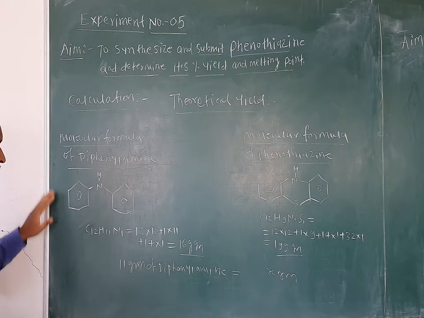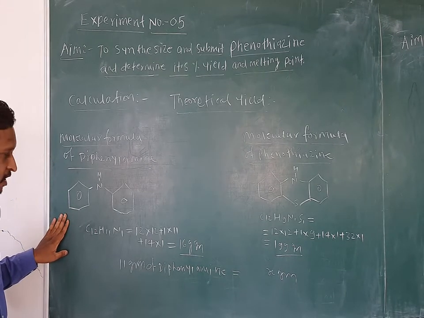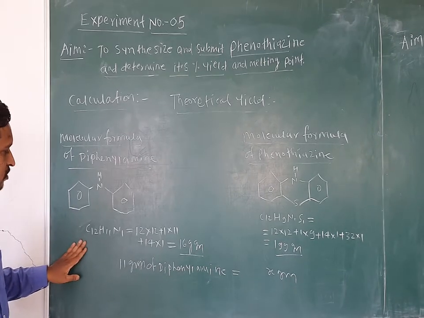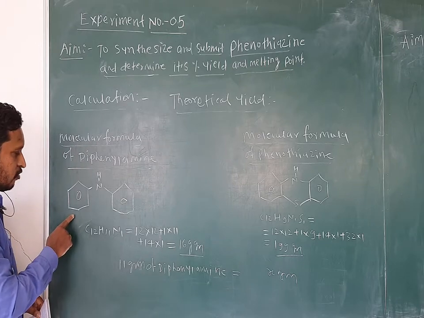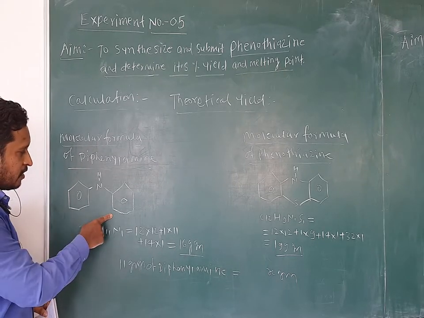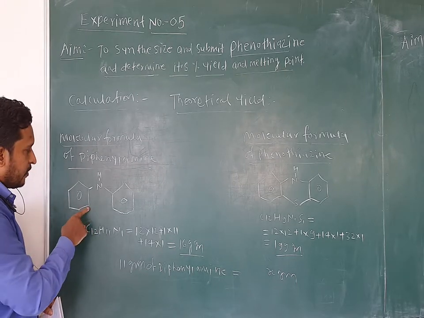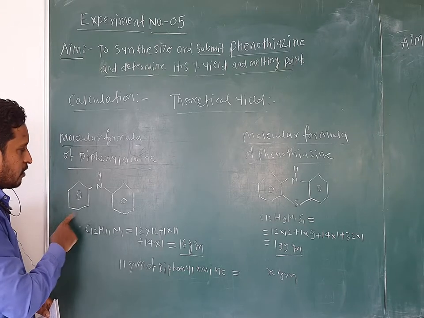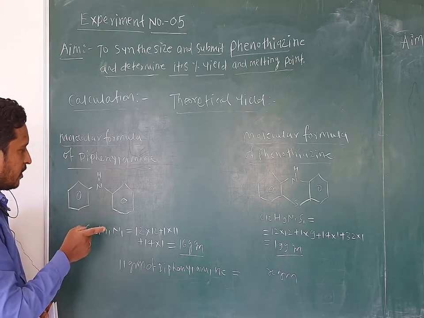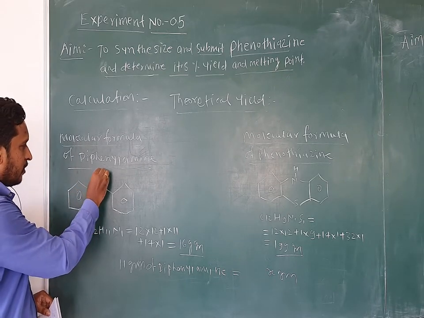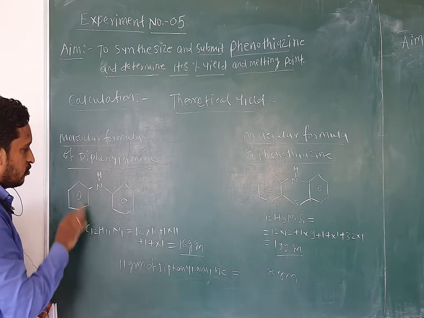This is the structure of diphenylamine. The molecular formula is C12H11N. One ring contains 6 carbons, another ring contains 6, so total C12. The first ring contains 5 hydrogens, another ring contains 5 hydrogens, so it is 10 hydrogens, plus the nitrogen bears 1 hydrogen, so it is H11 and 1 nitrogen.